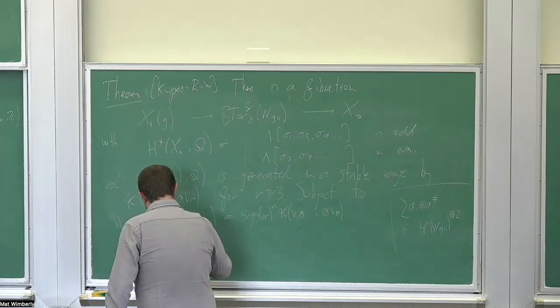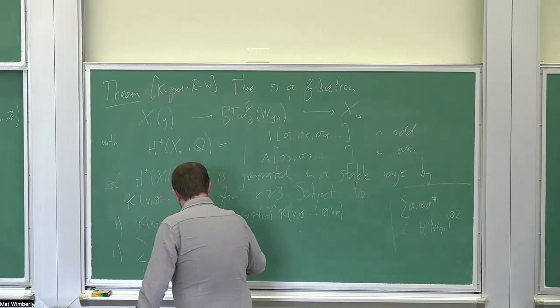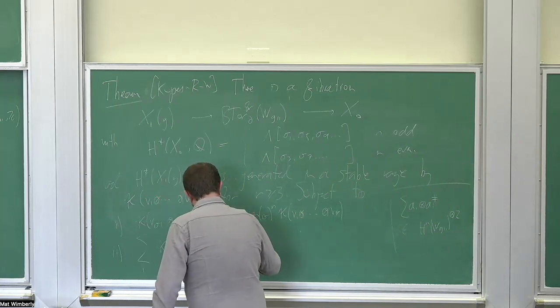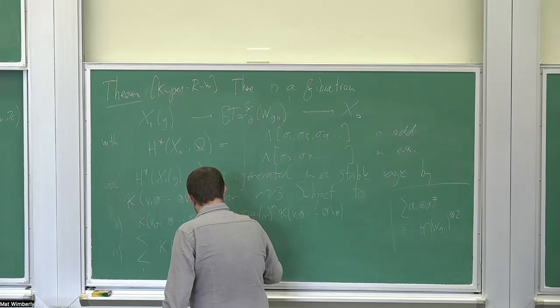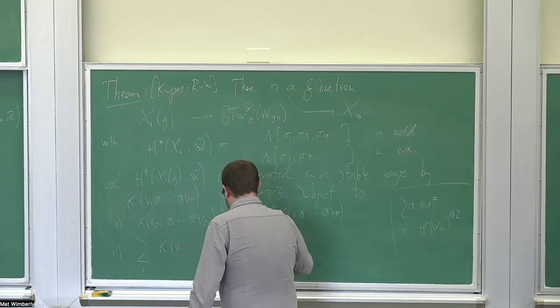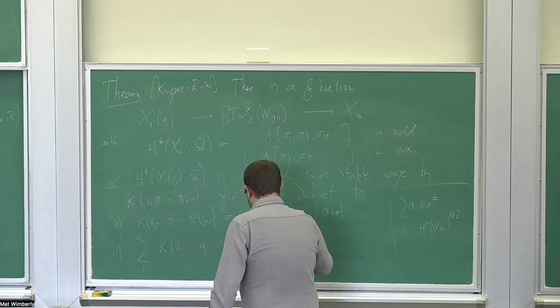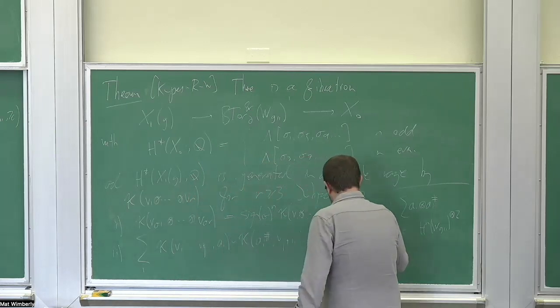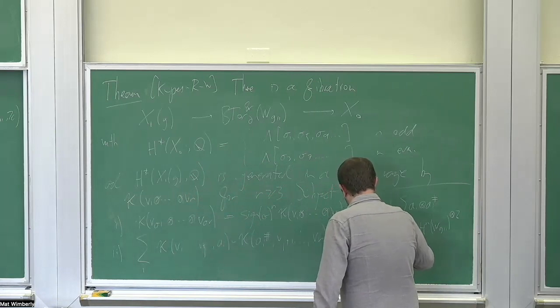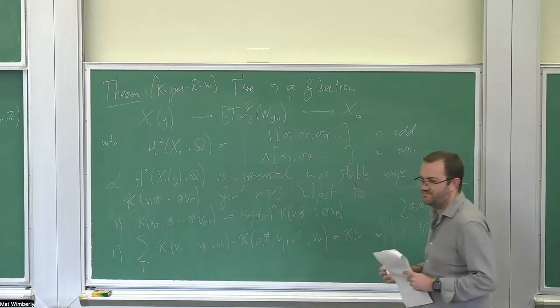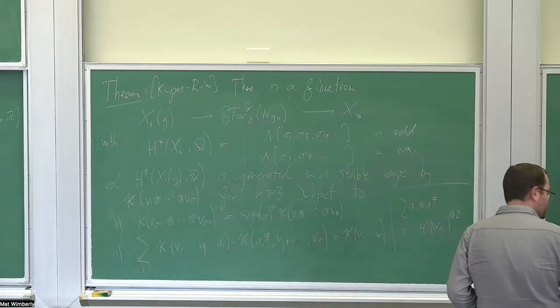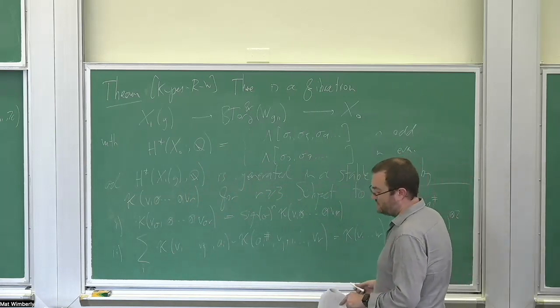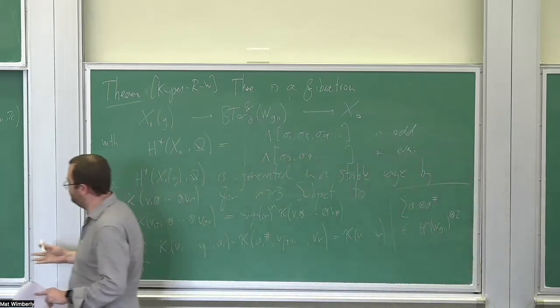So then there's a relation that goes as follows. Sum over I of kappa V1 up to Vi minus 1, AI, kappa AI hash Vj plus 1 up to VR is kappa V1 V. And I already forgot to do the most important psychological thing here.